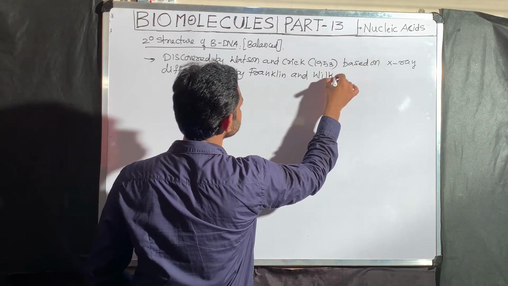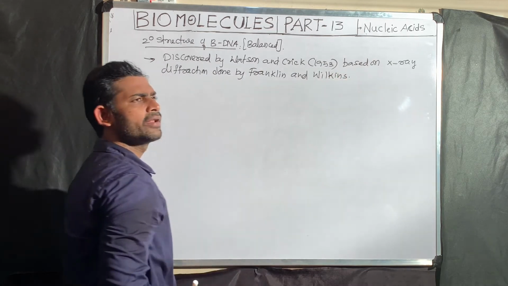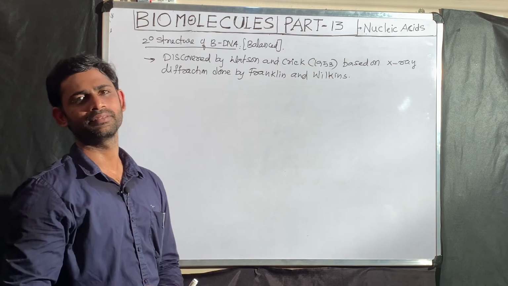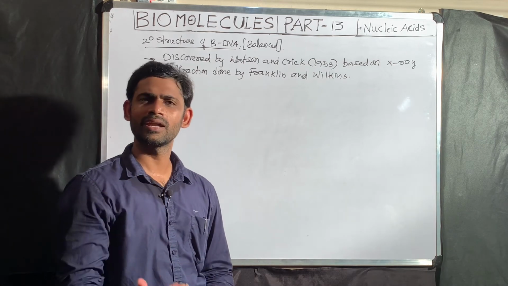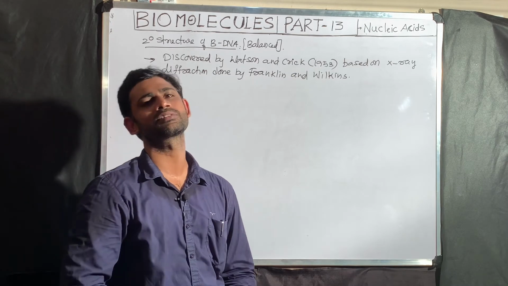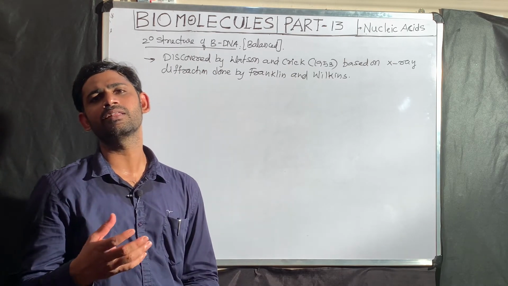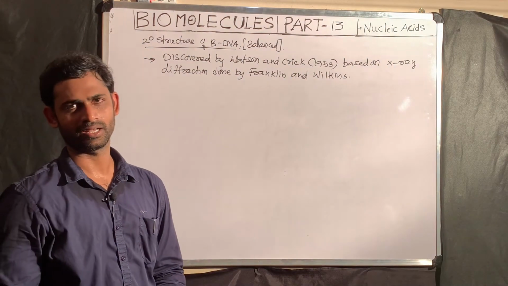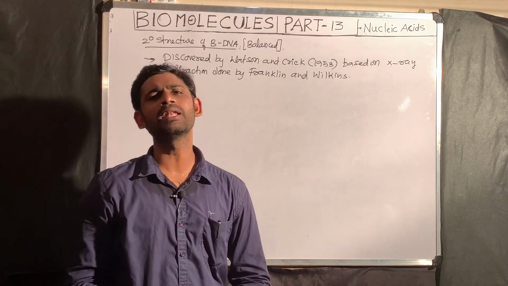What you need to understand is that Franklin and Wilkins made an X-ray diffraction structure of DNA. Based on that, Watson and Crick developed the structure and finally deduced the DNA structure. So definitely they belong to Nobel laureates.